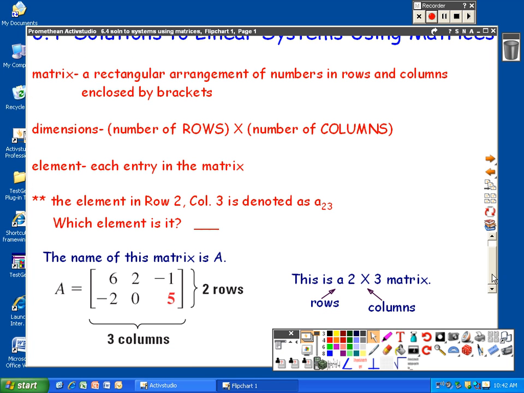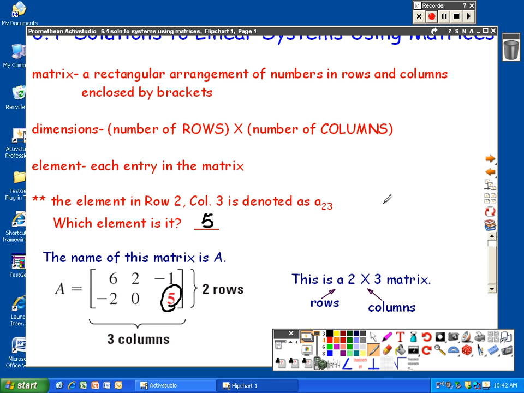So if we take this matrix, you see it's A. That's where the A comes from. What element is in row 2, column 3? Row 2, column 3. That gives me a 5. So 5 is in row 2, column 3.